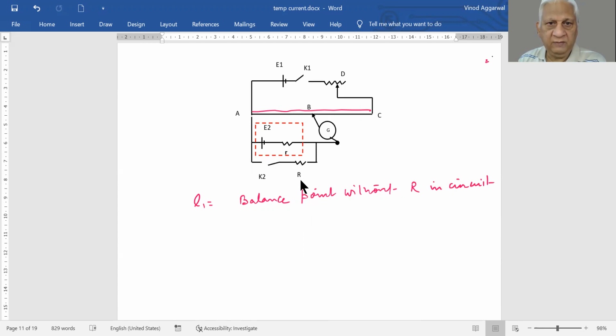To remove R from the circuit, we simply open the key. Next, we close this key and again try to find a balance point. Let us say we get the second balance point as L2, which is the balance point with R in parallel to the battery.